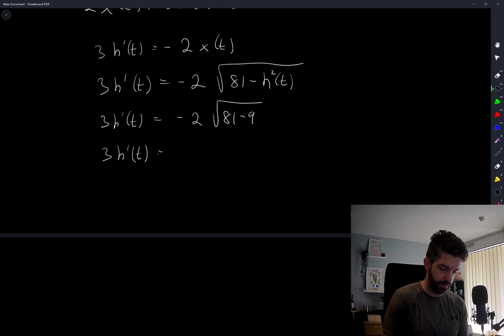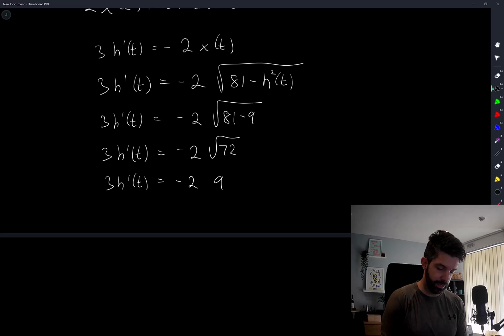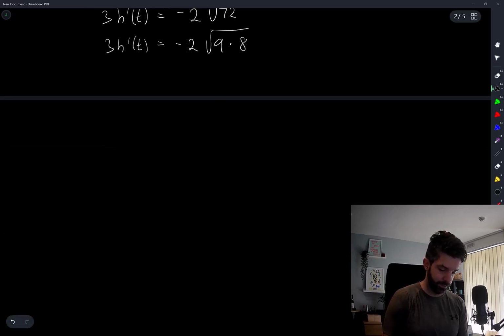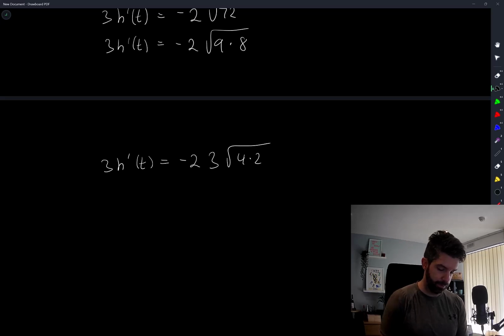And now we're just doing some simple arithmetic. So the square root of 72. 72 is 9 times 8. So I have 3 h prime of t is equal to negative 2 times 3 times the root of 4 times 2. Okay, so 3 cancels.